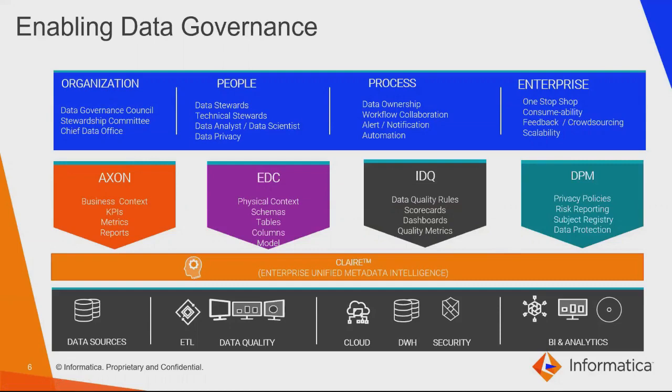From the data privacy management perspective, it helps in establishing the privacy policies, risk reporting, subject registry, and data protection. All of this is driven by a clear enterprise unified metadata intelligence framework.